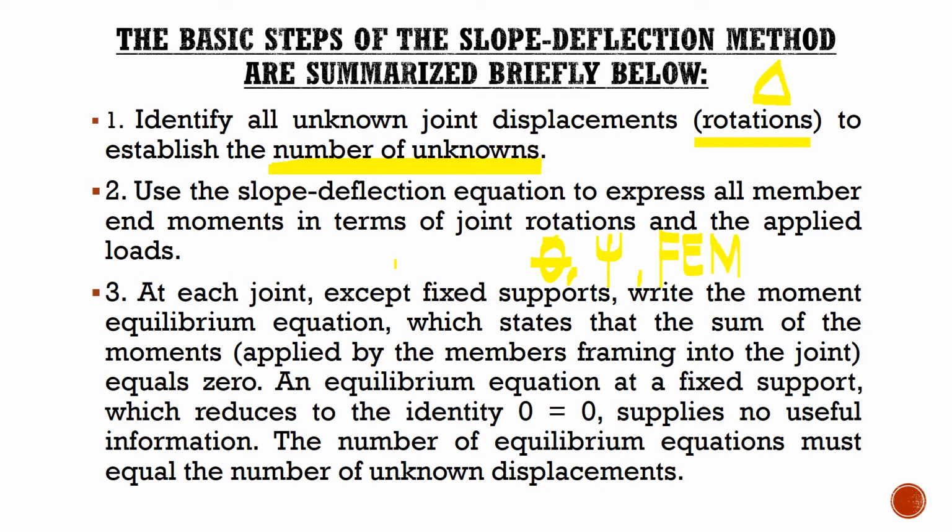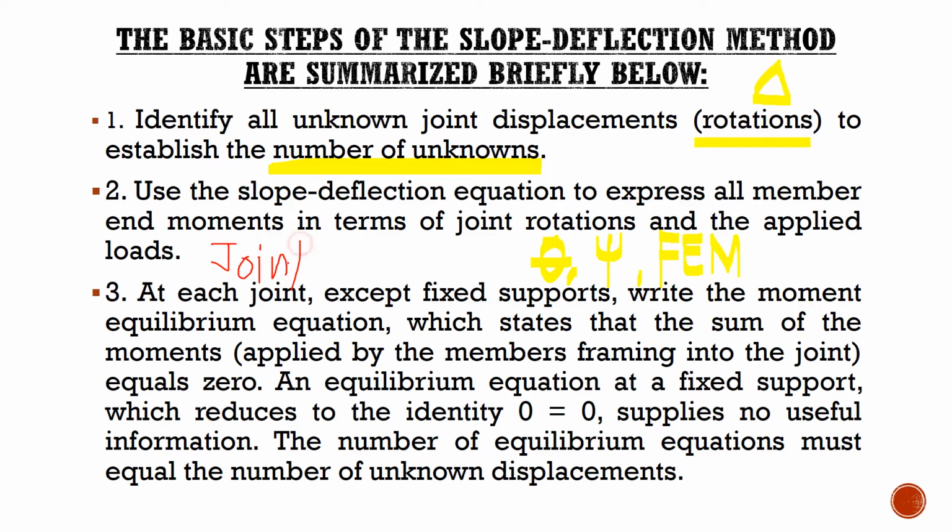Okay? Then third one, at each joint except fixed support, write the moment equilibrium equation which states that the sum of the moments applied to the joint by the members framing into the joint is equal to 0. Okay, so I already explained it, guys. This step 3 is easier to remember as the joint condition.